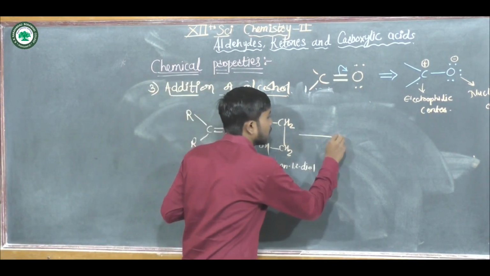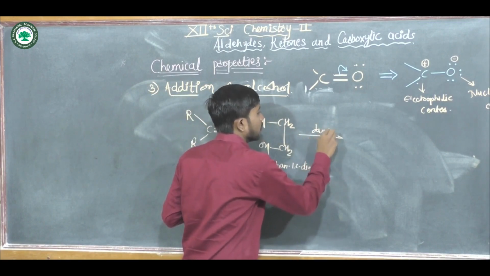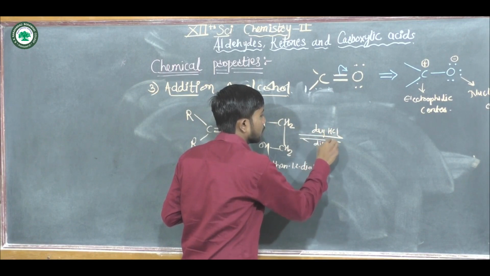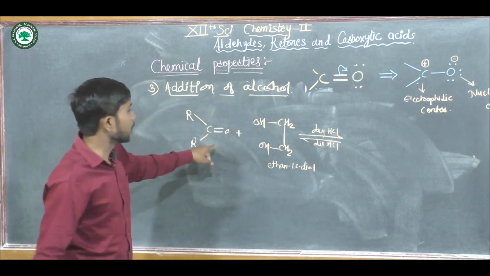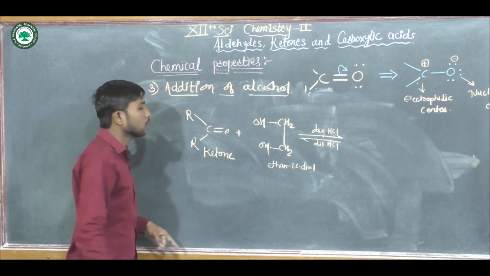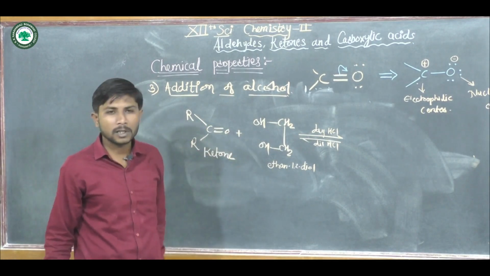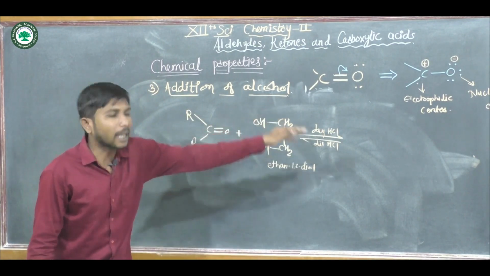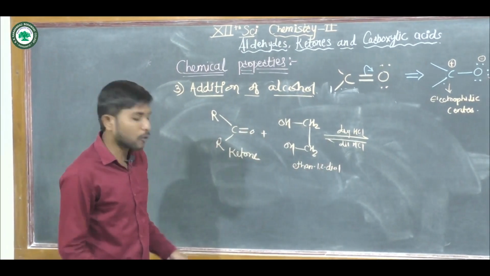What we said, that ketones, when they react with 1,2 diol or that may be 1,3 diol, if it reacts with the 1,2 diol, there is a formation of a cyclic compound containing 5 members.